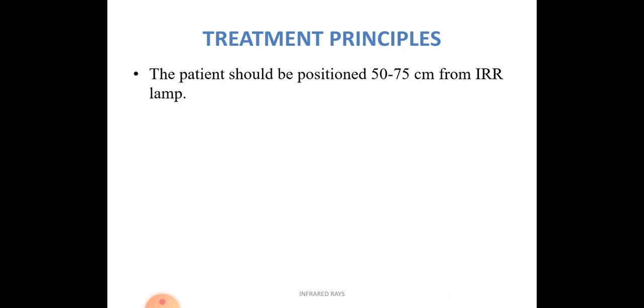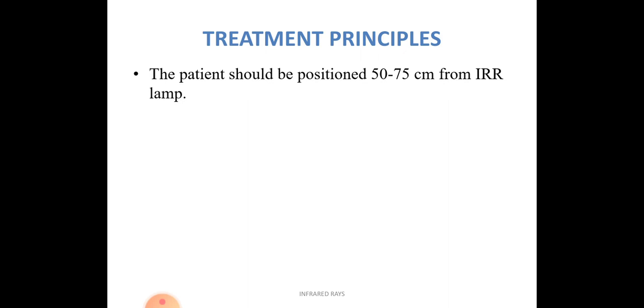Now, the treatment principles we always have to consider. This light should be 50 to 75 centimeter away from the patient's body. So the patient should be positioned 50 to 75 centimeter from the IR lamp. But again, this is for stand mounted infrared bulbs, because a few small portable bulbs are also available.